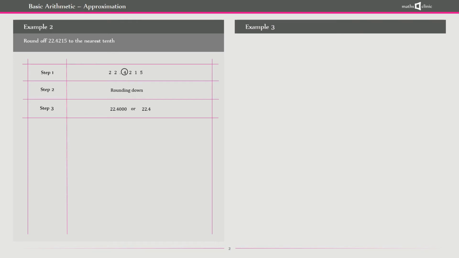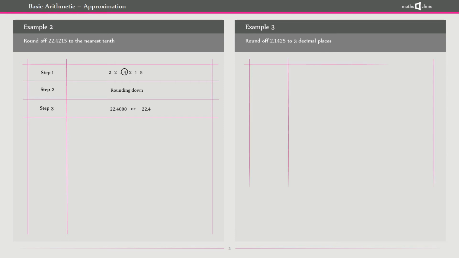Okay, so let's try another example. Example 3 says round off 2.1425 to 3 decimal places. Now this is a new system, so we're not rounding to a given place value, but to a given number of decimal places. So the first thing we need to do, we write down our number, and then it says 3 decimal places.